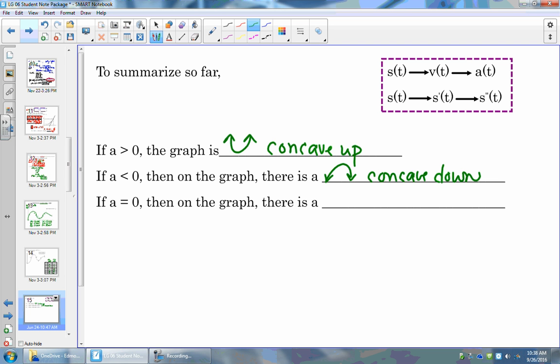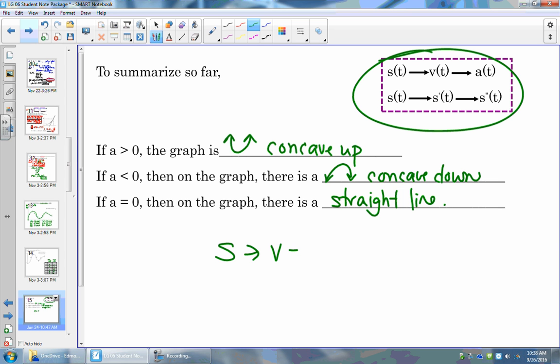Okay, and if A is equal to 0, then on the graph there must be a straight line. Now this little table I find really, really handy. I always go like S to V to A, just so that you can remember what's the first derivative and what's the second derivative, because I find sometimes students can get those a little bit mixed up.